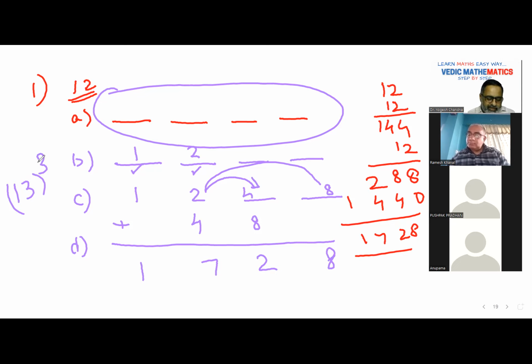Or how difficult was this? Tell me. Is this easy or tough?